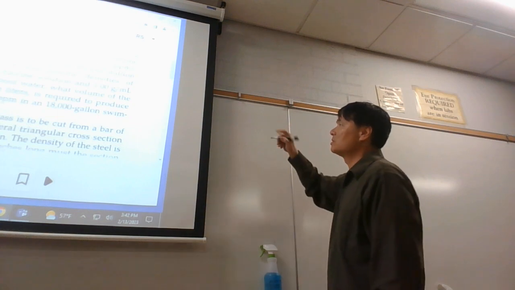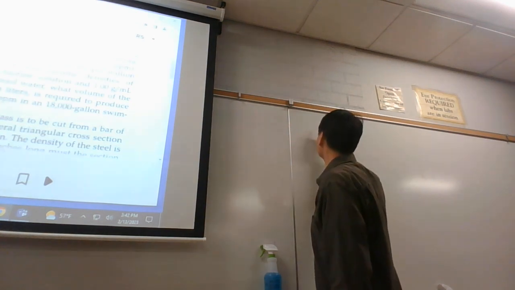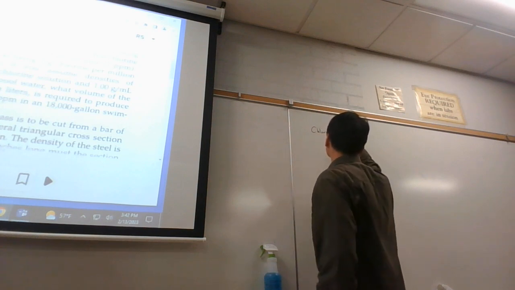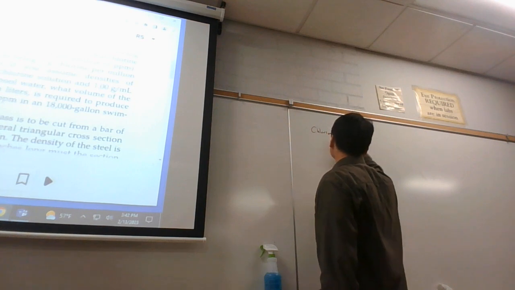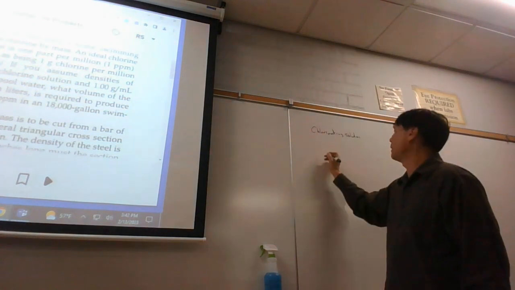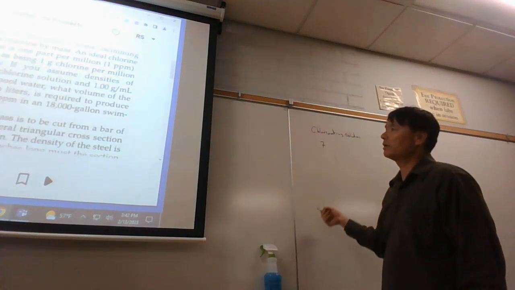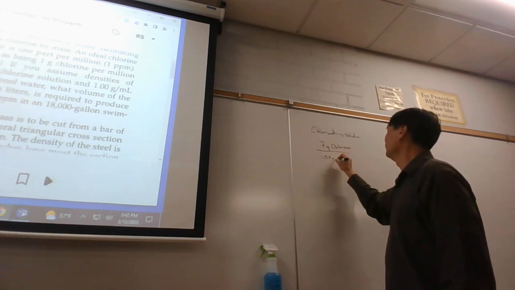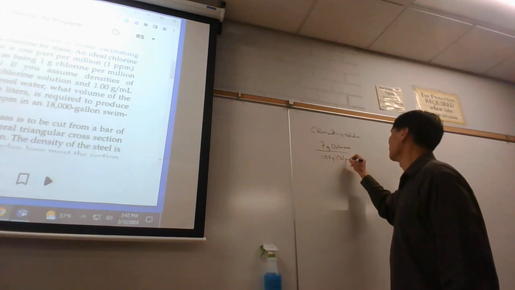A solution used to chlorinate a home swimming pool. We're going to call this the chlorinating solution. It is 7% chlorine by mass. So 7% chlorine means 7 grams of pure chlorine per 100 grams of chlorinating solution.